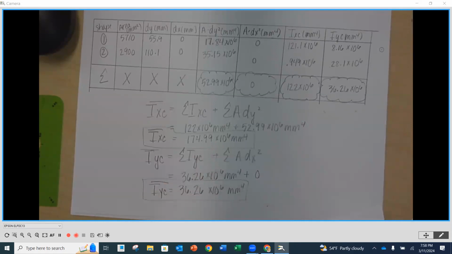And then for the moment of inertia about the y centroidal axis of the entire composite, 36.2 times 10 to the 6th millimeters to the 4th. Okay. All right, any questions there? Okay, I'm going to stop the recording.